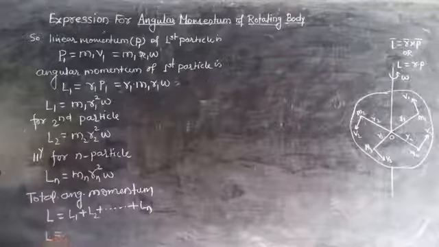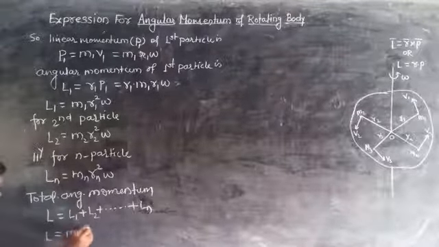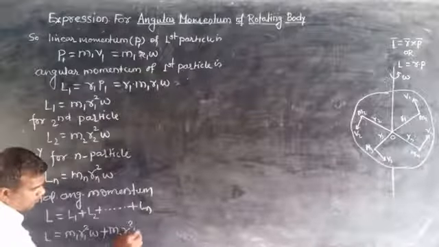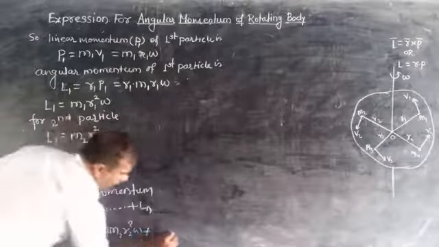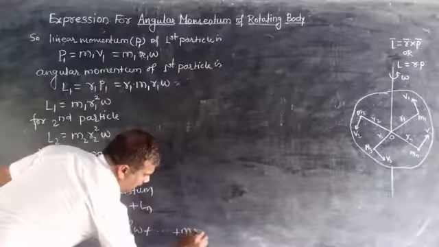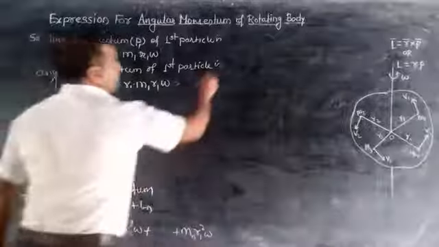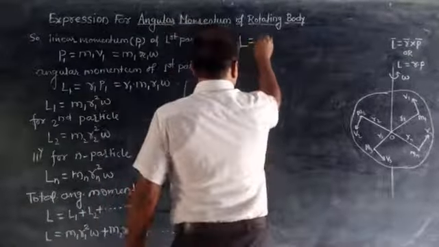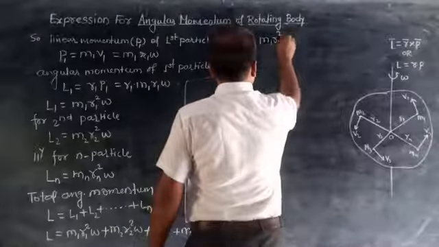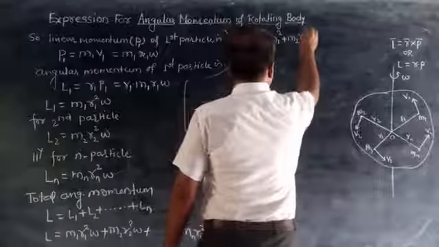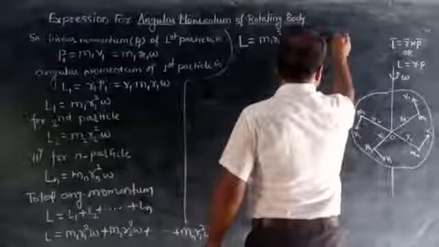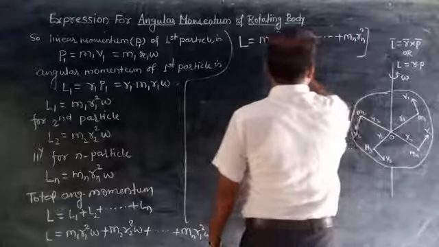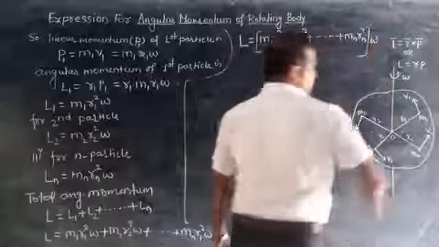This can be written as L is equal to m1 r1 square omega plus m2 r2 square omega plus up to mn rn square omega, and therefore L is equal to m1 r1 square plus m2 r2 square plus up to mn rn square, taking omega common out.